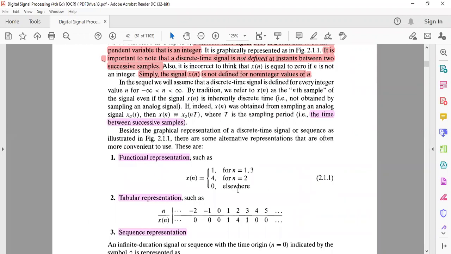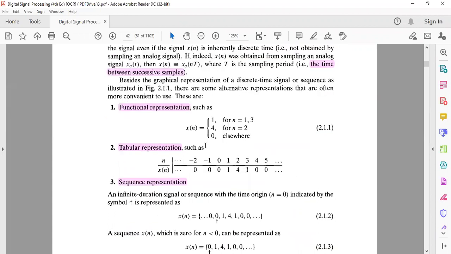So you can present your discrete signal this way by giving the values of your sampled signal. Again, to make this even more clear, we are saying that you're sampling a certain signal. For example, this is your signal. This is the amplitude.